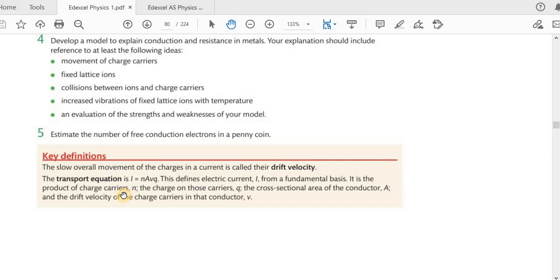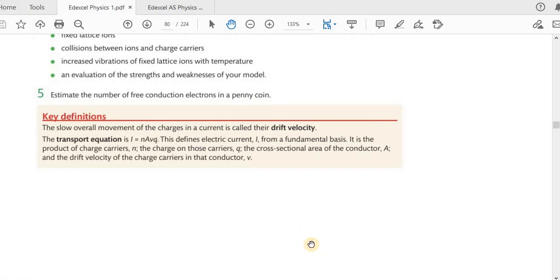In a wire, it is the conduction electrons or the free electrons, also called the delocalized electrons, in a cubic meter. And Q is the charge on a charge carrier. A is the cross-sectional area of the conductor, and v is the drift velocity. And remember that drift velocity is somewhere in the order of a few millimeters per second, of that conductor.